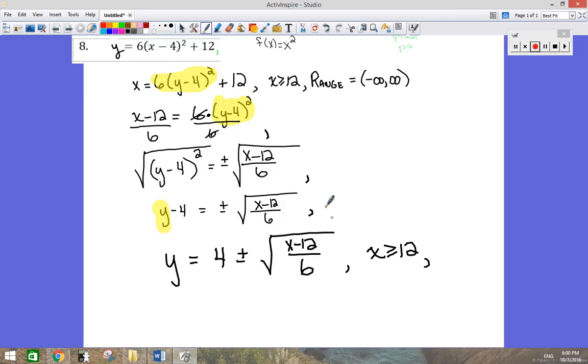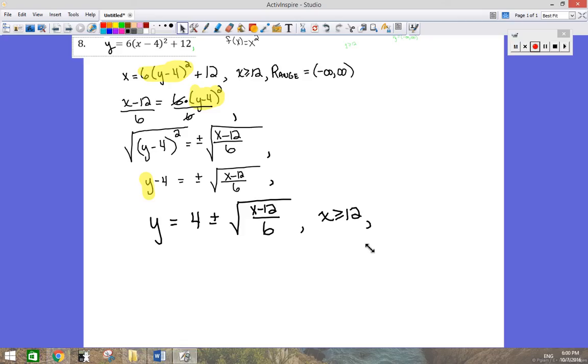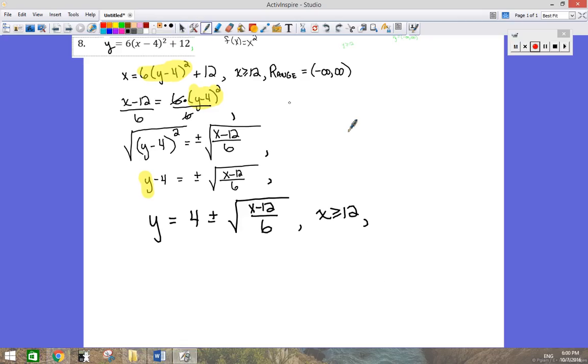Now here's one thing that I do. Maybe I should write, I don't want people to think that R is the set of real numbers. I don't like when I use inverses to use the function notation if the inverse is just a relation and not a function.